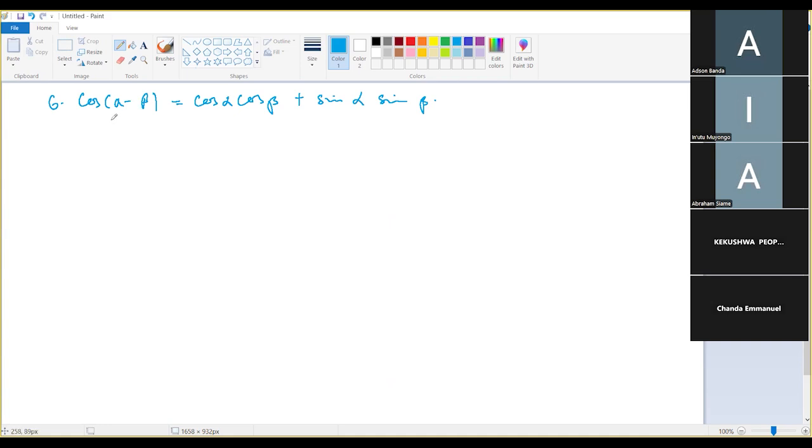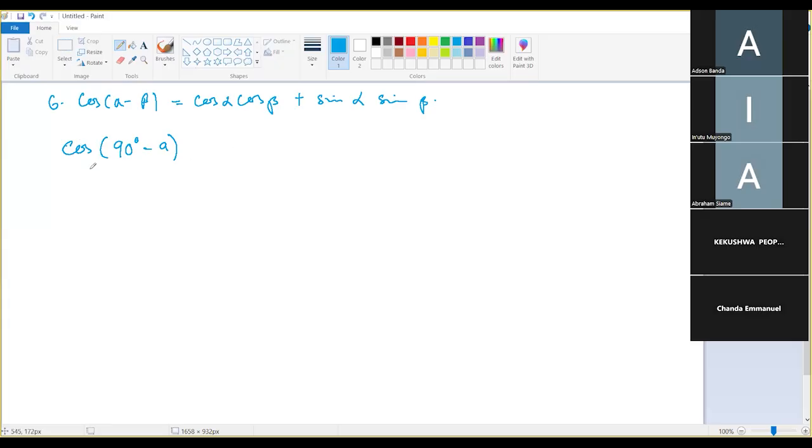Now, I want to use another letter. So let's consider the following. If alpha is 90 degrees, let's think of alpha as 90 degrees minus, I'll call beta A so that people don't get confused.